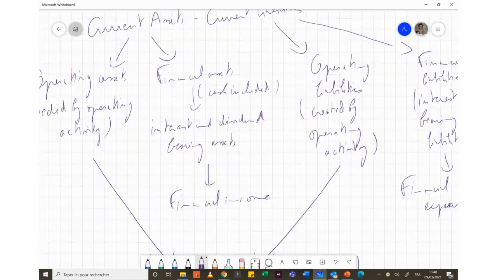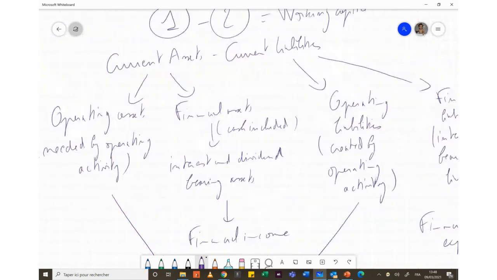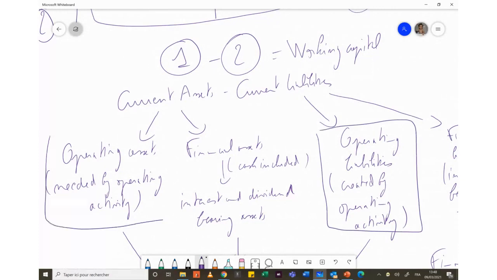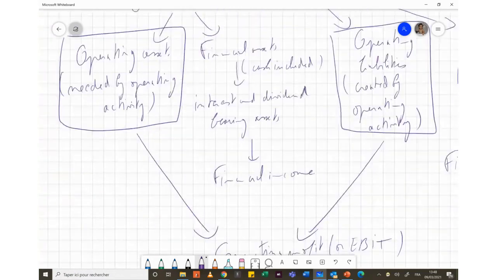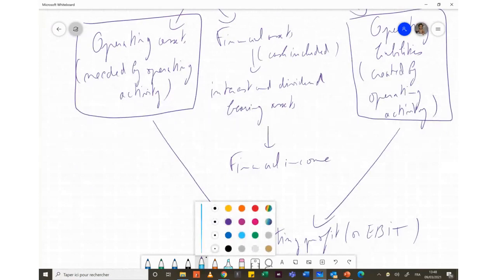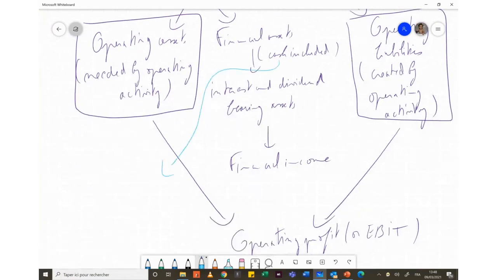So what we want in step number 2 in the indirect method is only this part and this one in the change in working capital. We don't want all the change in working capital because the cash, for instance, is the bottom line of the statement of cash flow.